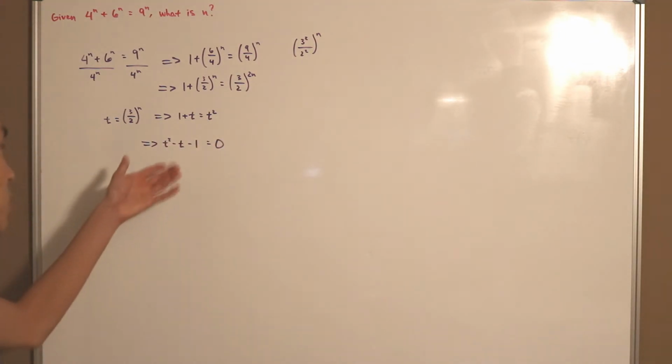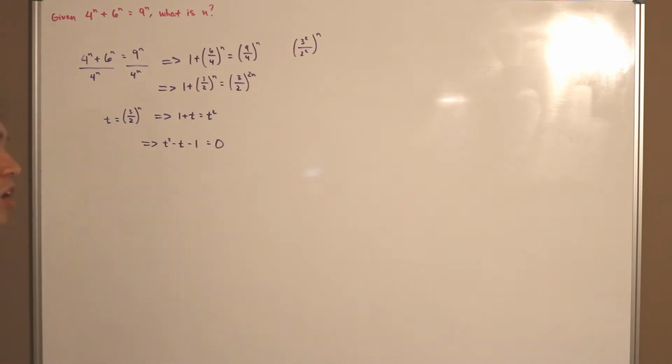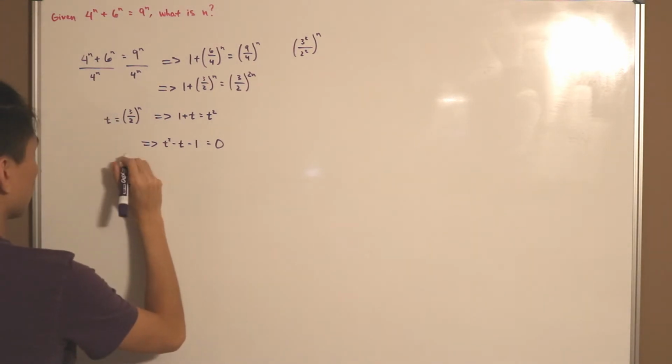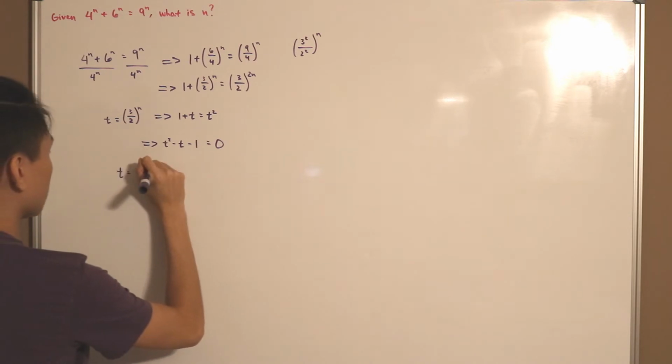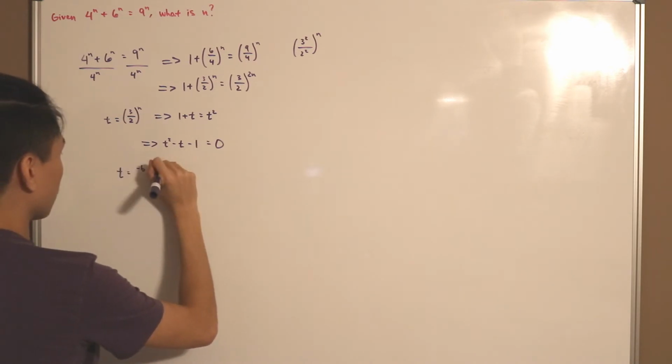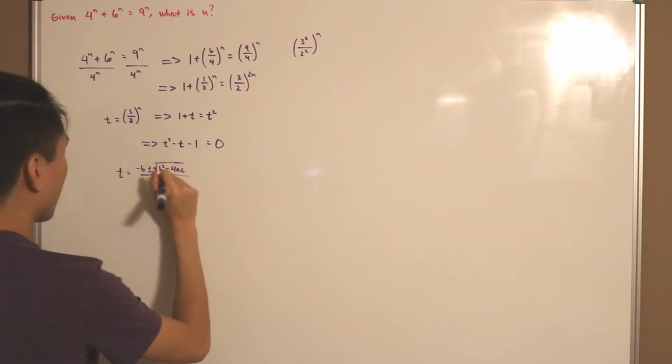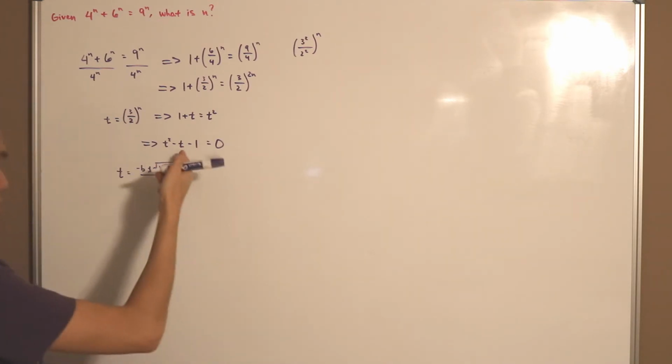And you can't factor this out, so we're going to have to take the long way and use our quadratic formula. So we write this as t equals negative b plus or minus the square root of b squared minus 4ac, divided by 2a. Then we just substitute our numbers.